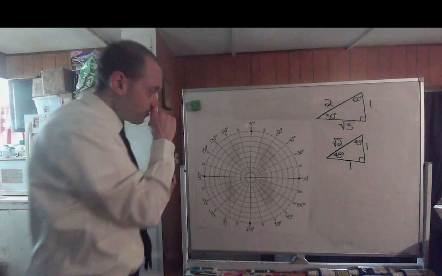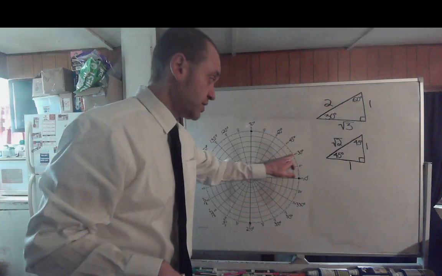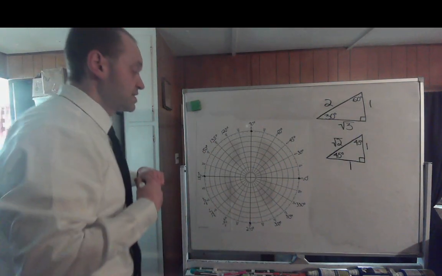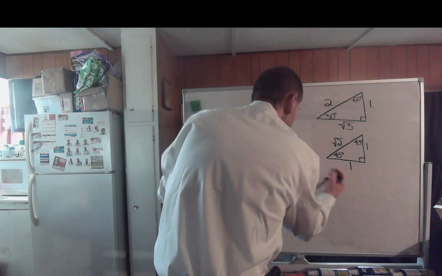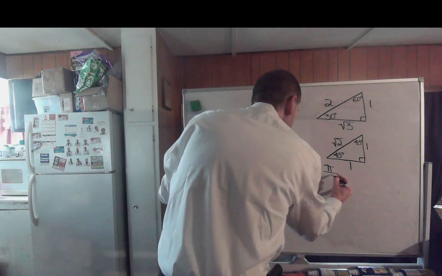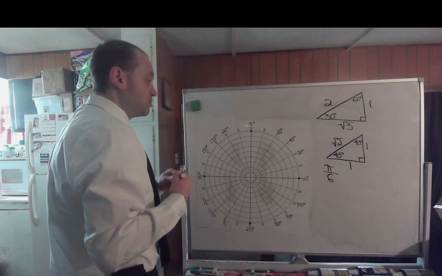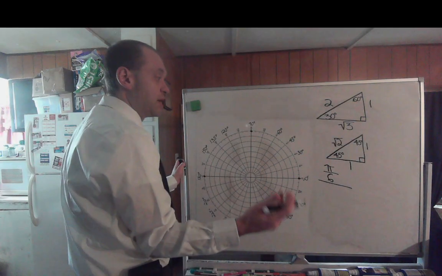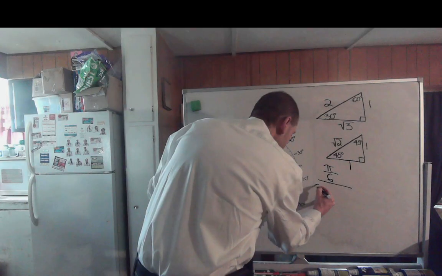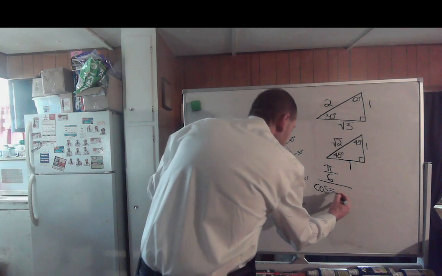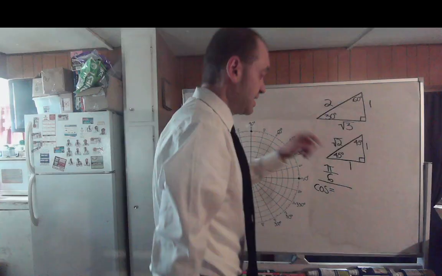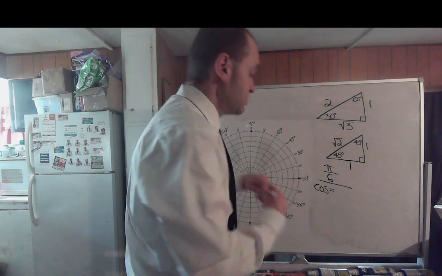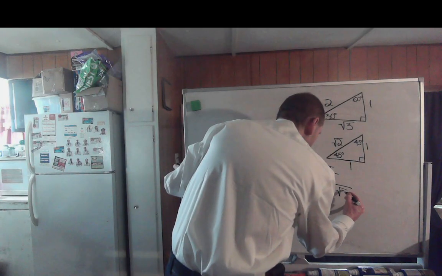So why don't we start with 30 degrees? So the pi over 6. So to find your xy coordinates, let's deal with pi over 6. Now, what is the sine of pi over 6? Actually, let's look at the cosine of pi over 6. So the cosine of pi over 6, that's 30 degrees, that's the adjacent over the hypotenuse, that's going to be the square root of 3 over 2.